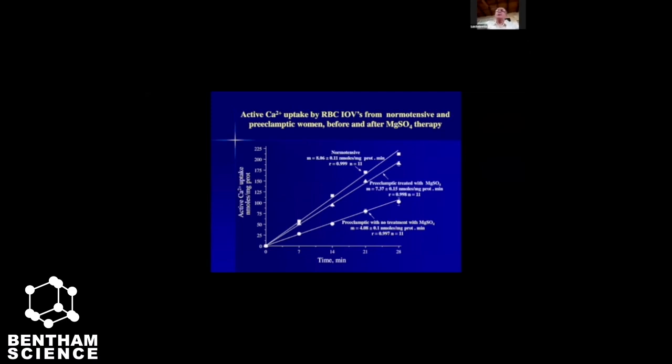We also measured the transport activity of the calcium ATPase by preparing inside-out vesicles from these ghosts.